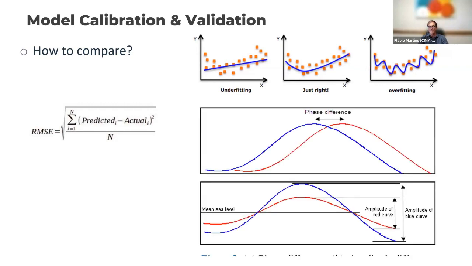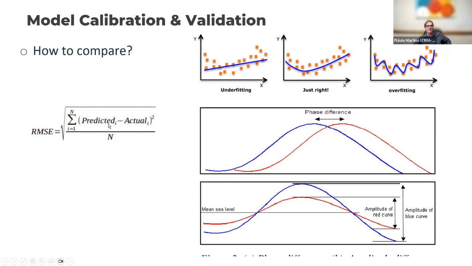Okay? Another thing that sometimes we don't see in a comparison is when we have phase differences. For example, if the blue is the observation and the red is the model, I see there is a huge error here. So it seems the model is completely wrong.